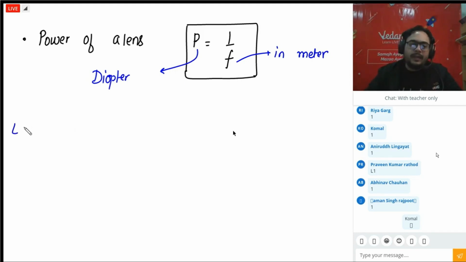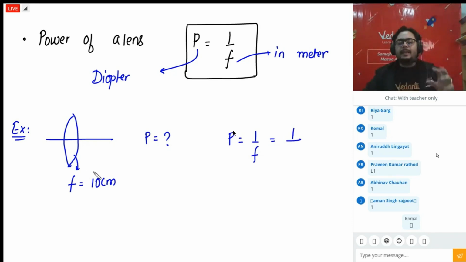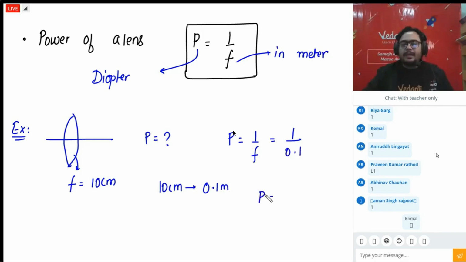When you put the focal length in meter, the power that you get is in diopter. Suppose I take one example, I have a lens and the focal length of that lens is, let's say, 10 centimeter. So what is the power? I will write the formula. Power is 1 by f. It is 1 by focal length, and the value of focal length should be in meter. So 10 centimeter is equal to 0.1 meter.